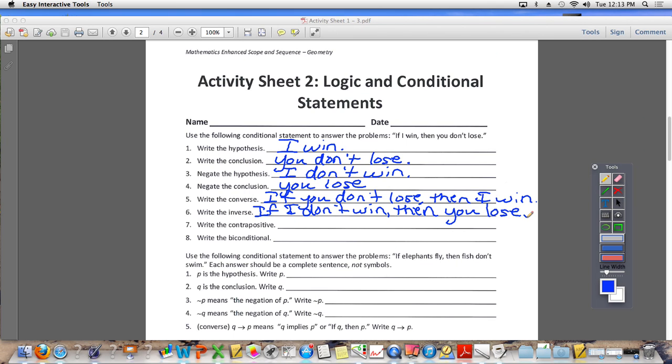So in other words, if you look up at number 6, all you have to do is switch the order of number 6, because the inverse is halfway to the contrapositive. So if you lose, then I don't win.